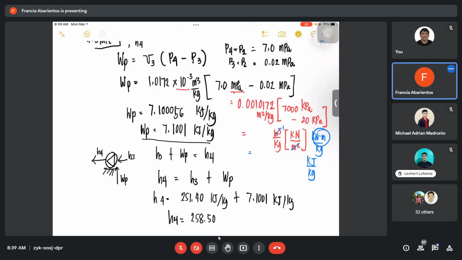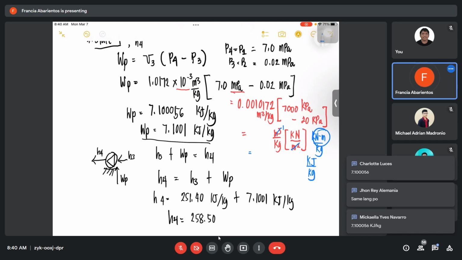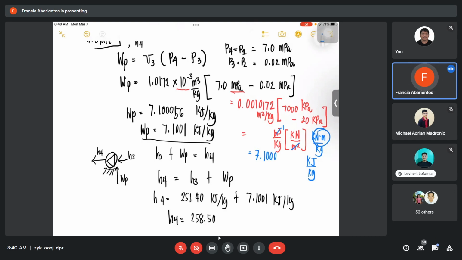Parehas lang ba? What did you find? Okay, so that is same. Para mas maintindihan ng classmate nyo, 7.100056 kilojoule per kilogram.